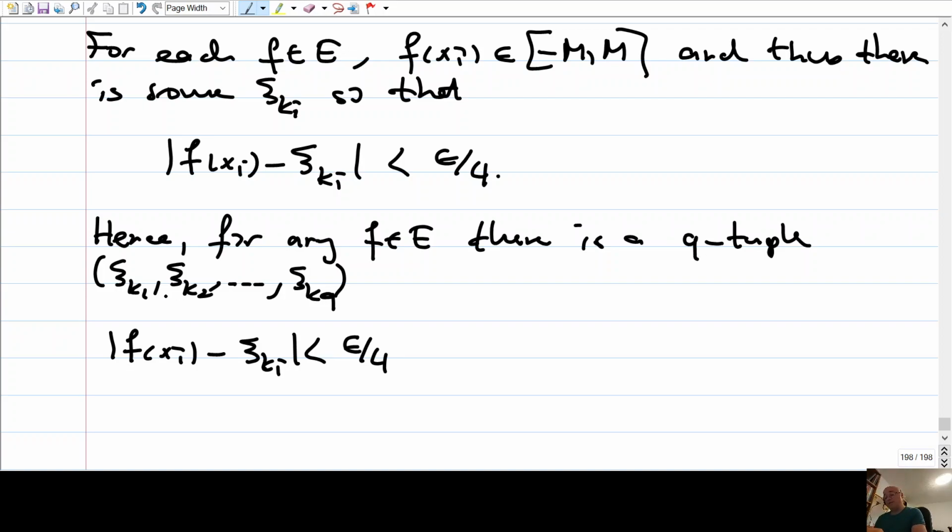The reason I wrote not q tuple but p tuple was because of the following. You see, some of these ki's could be the same, right? Maybe k1 and k2 are the same. I don't know. Maybe this function is just a constant function, so all of these xi's are the same. In that case, if you write the set notation, this set contains only one element, not necessarily q distinct elements.